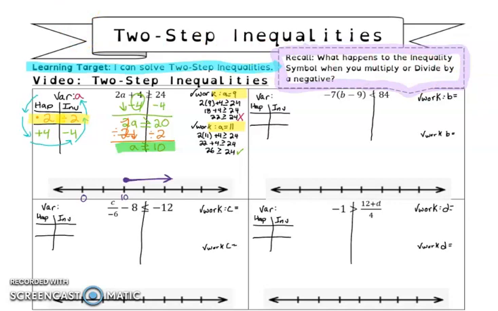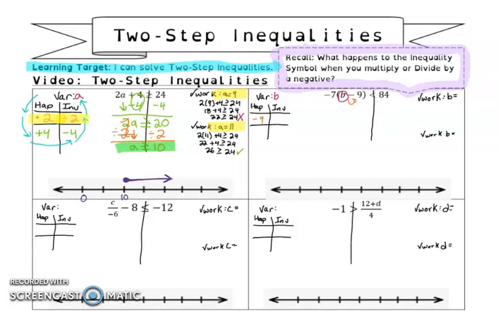Okay, so again, on this one, we have our variable, which is b. But this time, the closest thing that's happening to it is this minus 9, because it's in parentheses together. So the very first thing that's happening is minus 9.